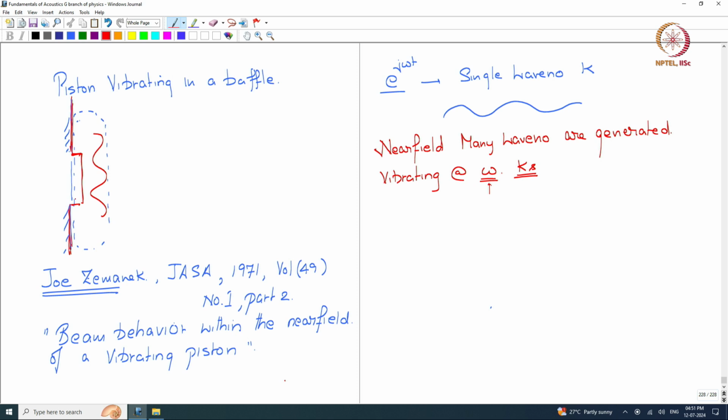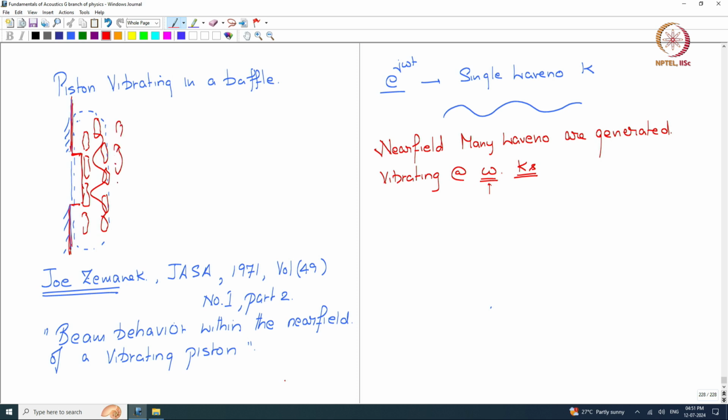So now when you have so many wave numbers, the near field becomes very complicated. All these wave numbers will be interacting in various ways away from the piston, so that at the piston surface they can give this boundary condition.